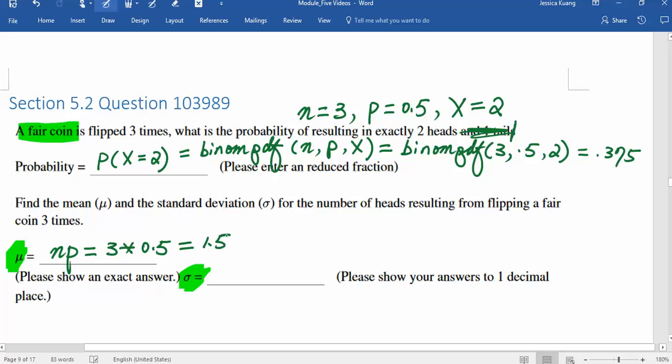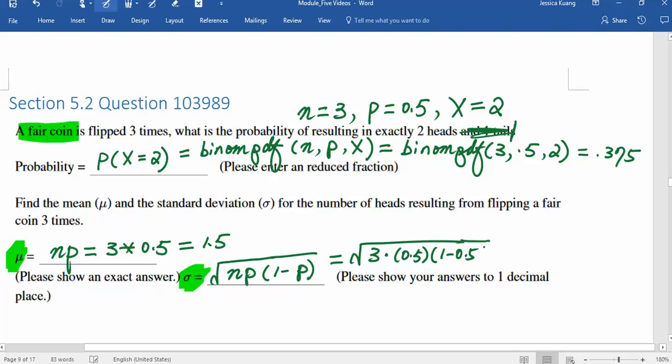So the mean is 1.5. And the standard deviation is the square root of n times p times 1 minus p, which equals the square root of 3 times 1/2 times 1 minus 1/2.